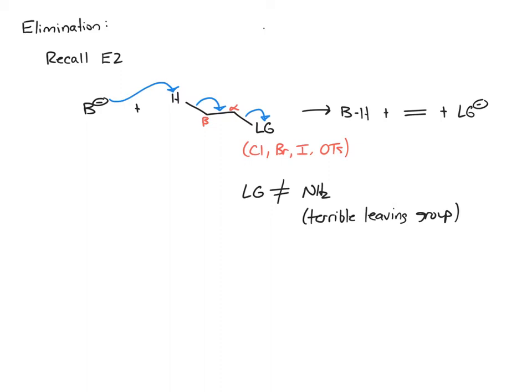So what then can we do to make nitrogen a better leaving group in order to be able to get an E2 type elimination? We can do this through a specialized process known as the Hofmann elimination.